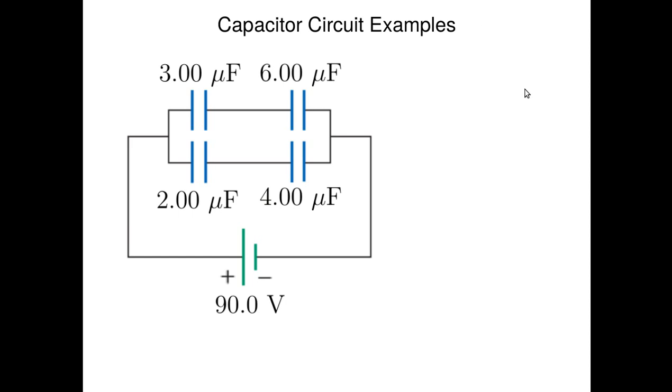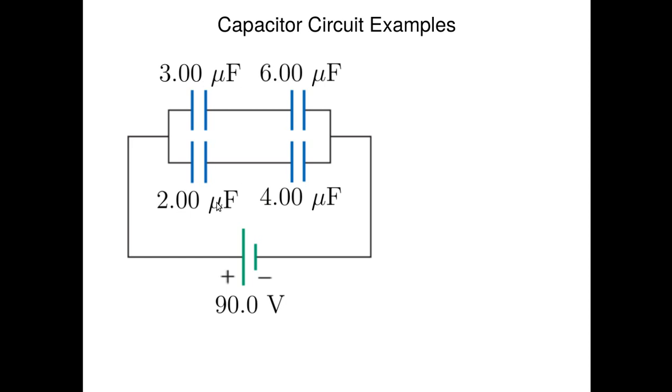But what's interesting about this is I'm trying to look for 2 or more capacitors that are directly connected in series or parallel. And so what I notice is that the 3 and the 6 are directly in series with each other. Right? They're both along the same path right here. So I can add these 2 together in series.